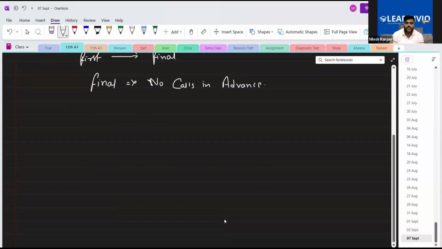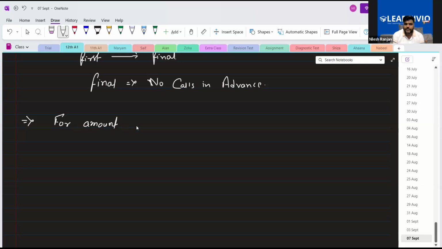Okay, now for calls in advance, there are two entries. First, for amount received as calls in advance, means when calls in advance is received along with any call.